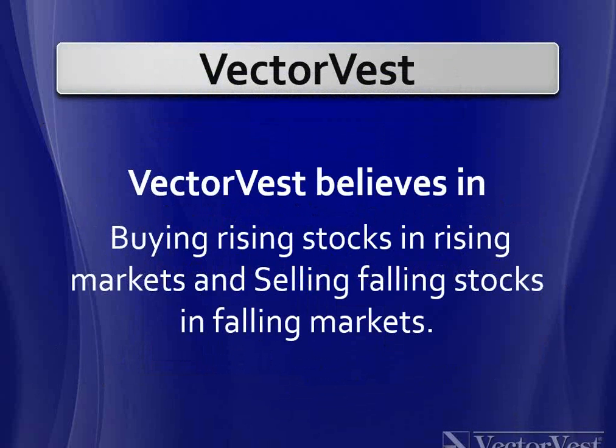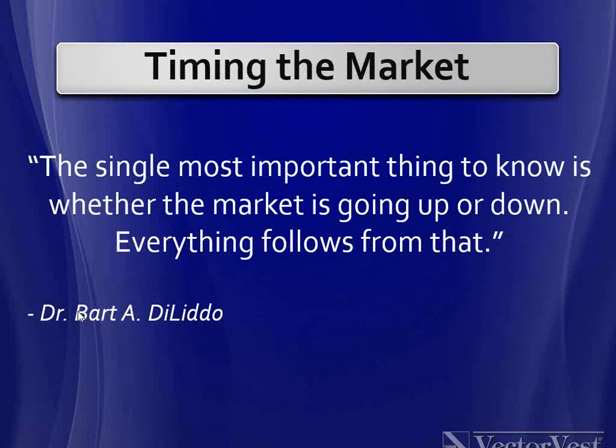But the most important thing, even more important than the stock strength itself, is what's going on in the market. The single most important thing to know, more important than stock selection even, is whether the market is going up or down, and I might add, or sideways. Everything follows from that.